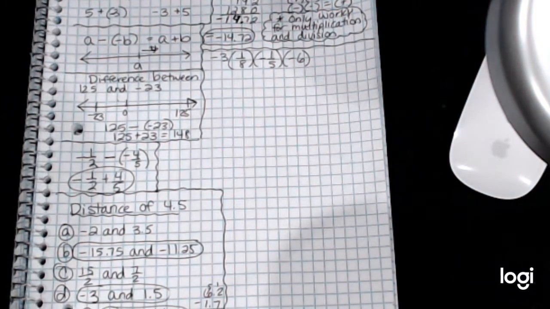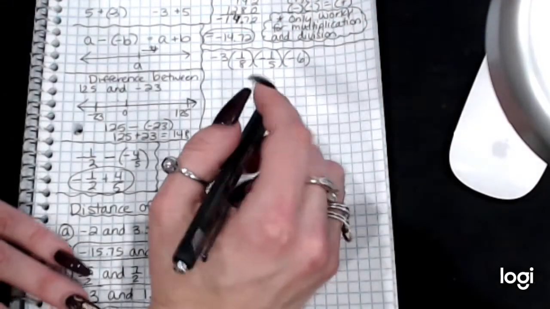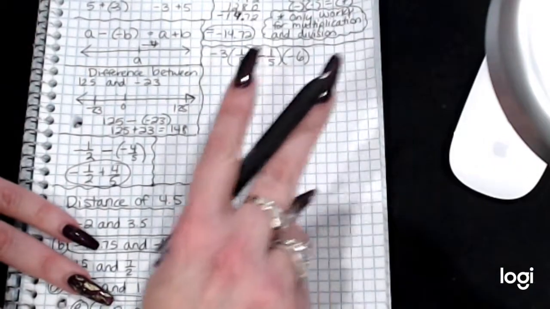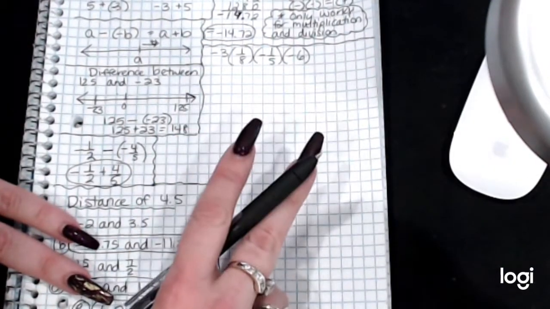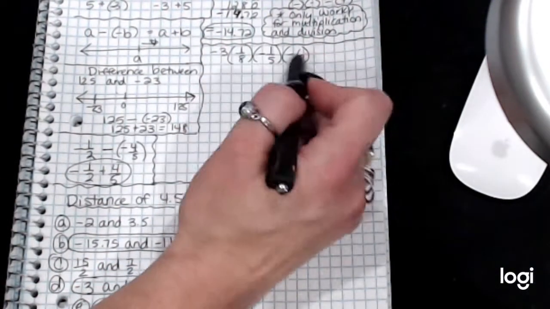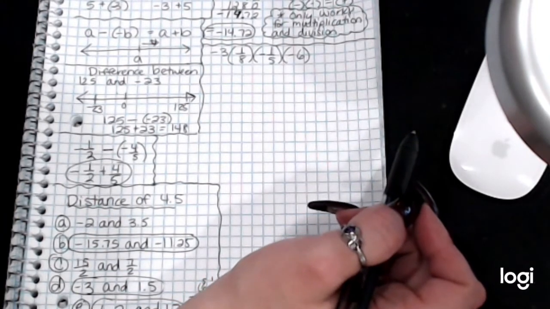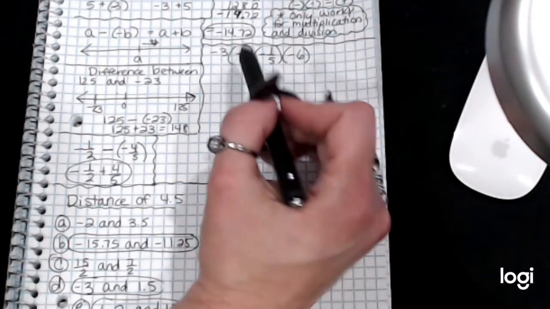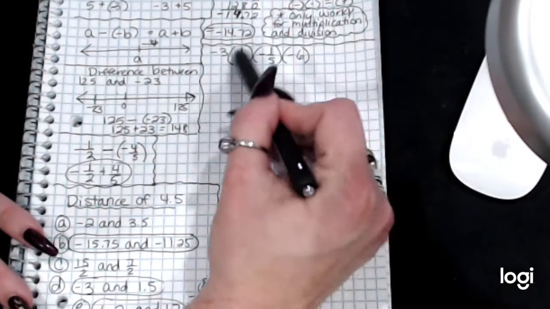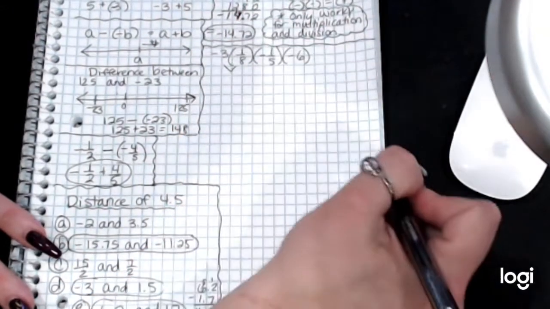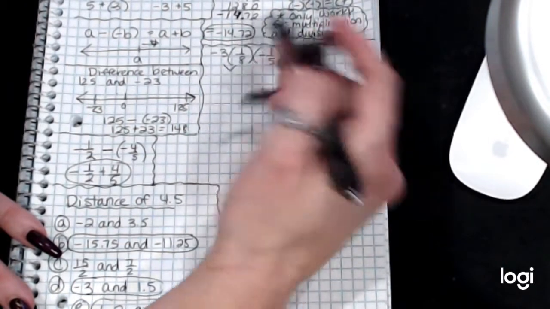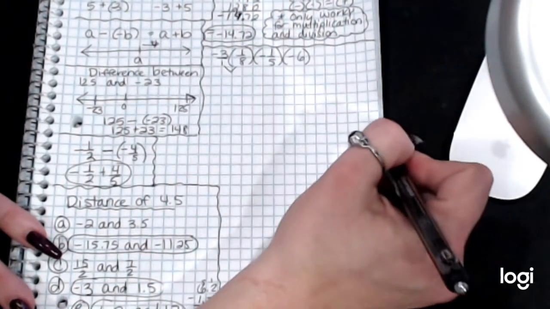So the main thing you need to do here, you've got to work 2 at a time. Only 2. Do not try and do all of them at once. You will confuse yourself and probably make a mistake. I've seen it happen many times. We're first going to multiply negative 3 times 1/8. Negative 3 is the same as negative 3 over 1.